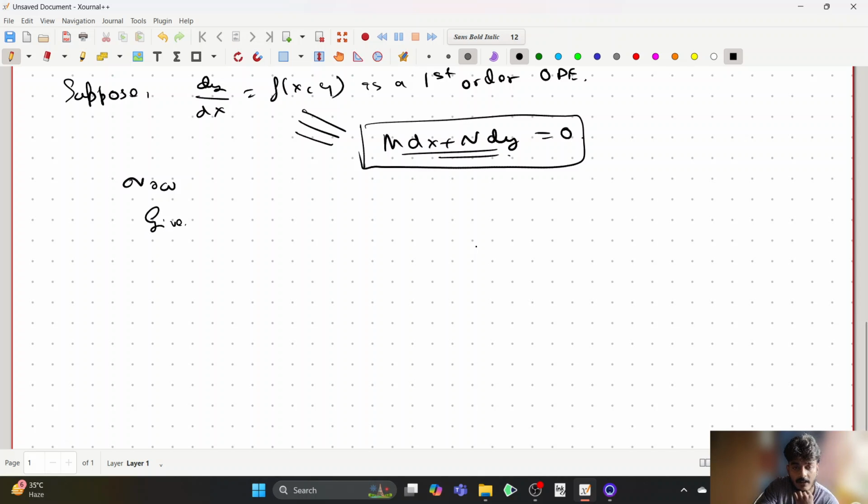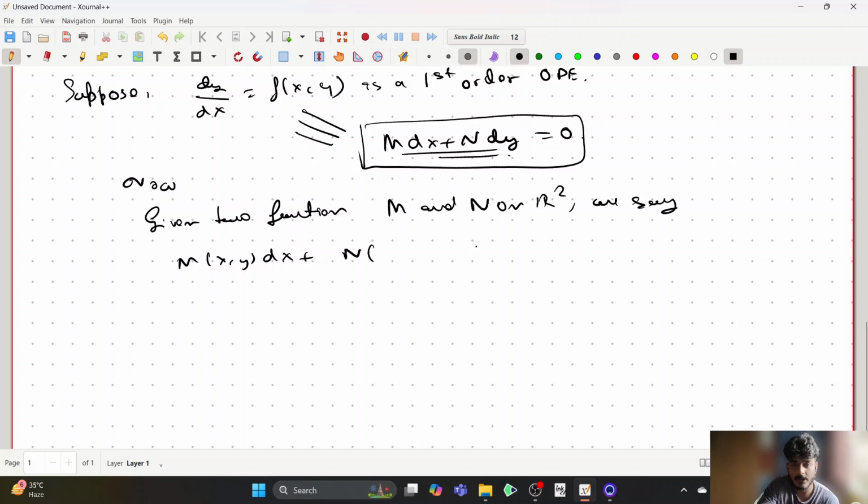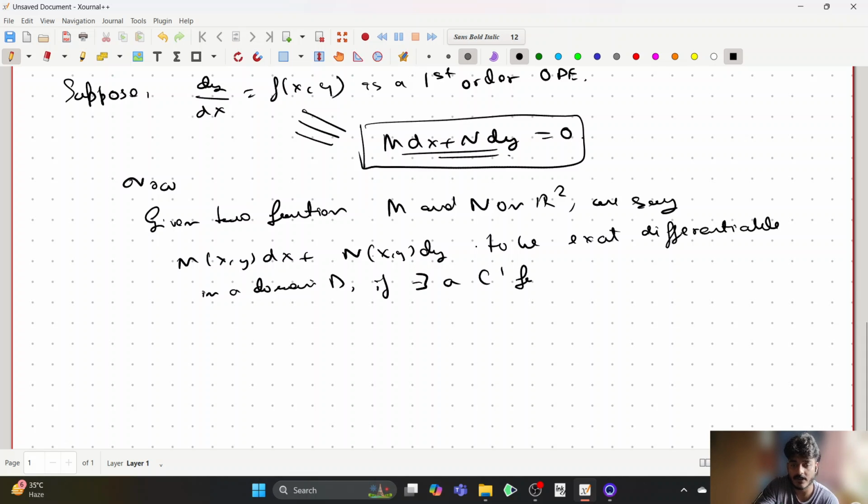Now, given two functions M and N on R2, that is, functions of two real variables, we say M(x,y) dx plus N(x,y) dy to be exact differentiable in a region or a domain D if there exists a C1 function f on R2 such that the total derivative of f at (x,y) is basically M dx plus N dy.